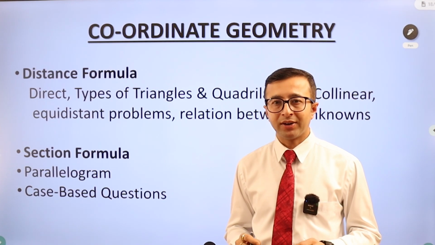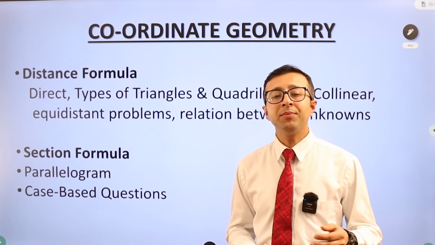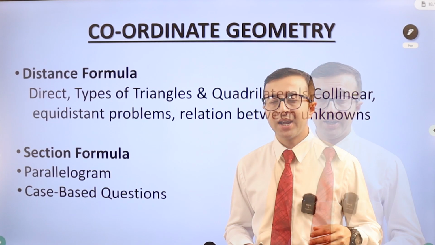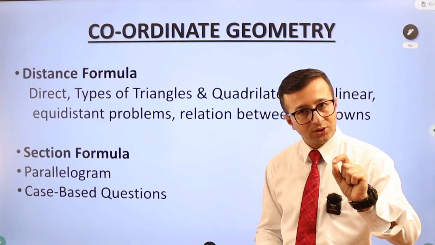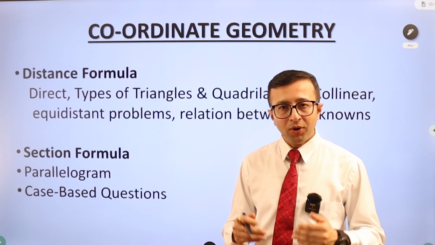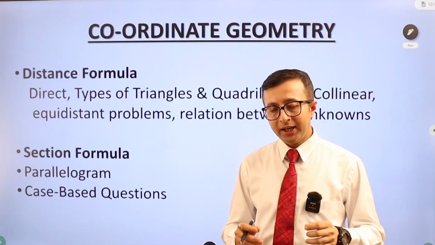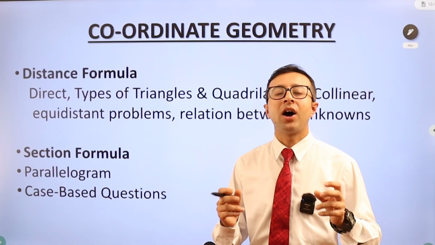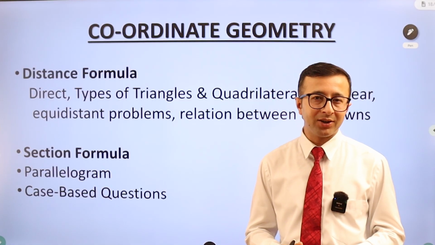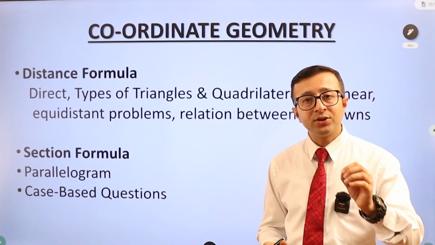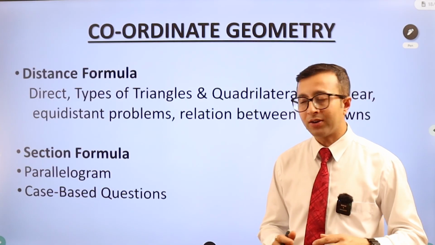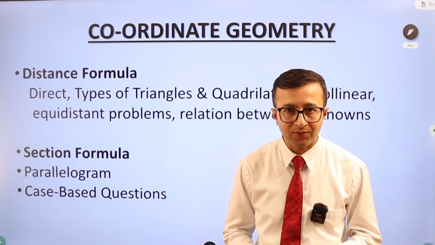In a parallelogram there will be 4 vertices; 3 vertices will be provided and we are supposed to find the 4th coordinate, or some unknowns will be hidden in some of the 4 coordinates of a parallelogram. From there, we should find that unknown. So there also we have to use the section formula.